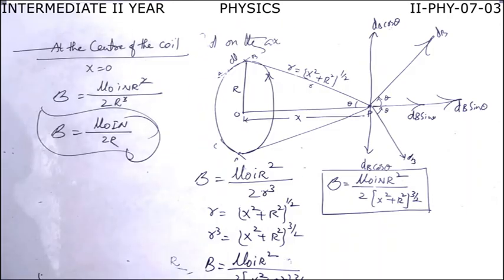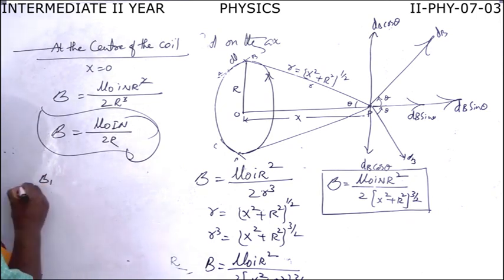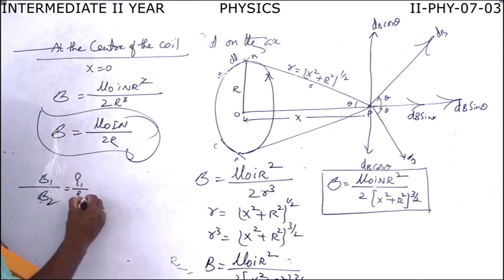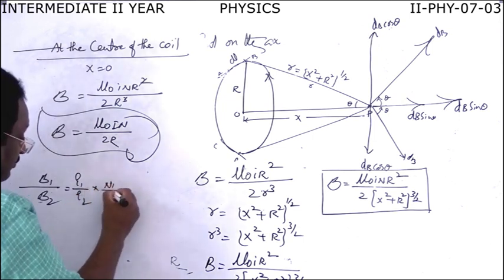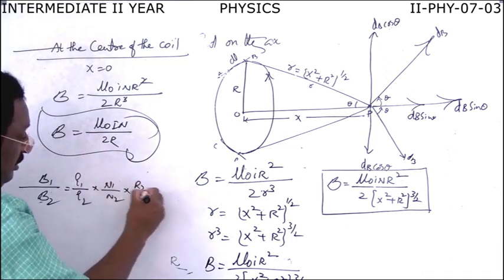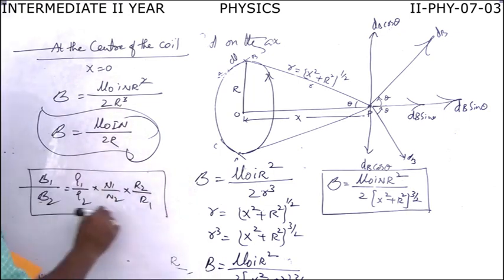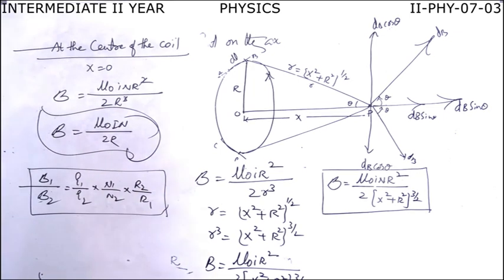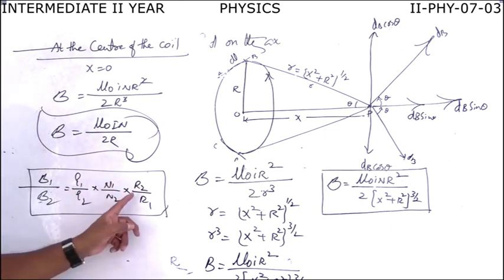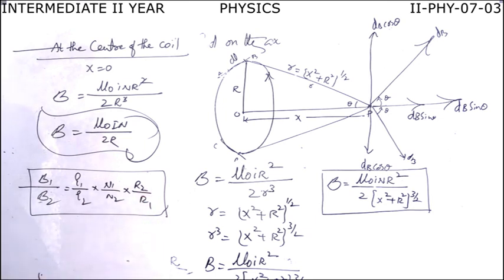With different coils like this, the ratio of magnetic fields produced, B1 by B2, is directly proportional to the ratio of currents passing through them, directly proportional to the number of turns in those two coils, and inversely proportional to the radius of the two coils, since B is mu naught I N by 2R.